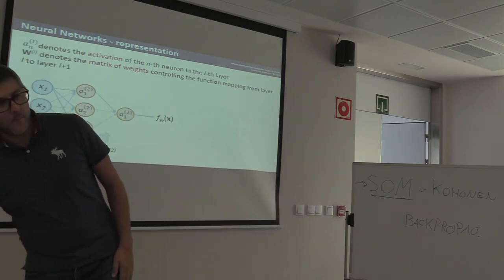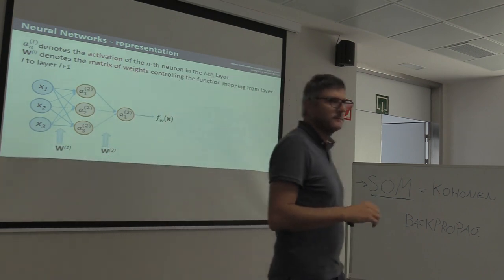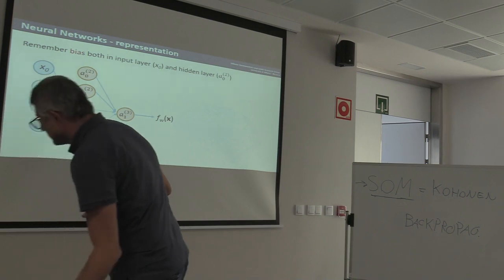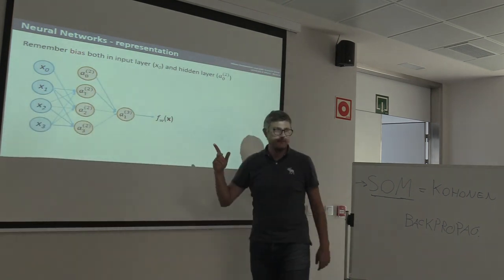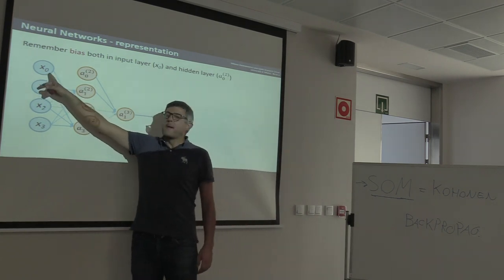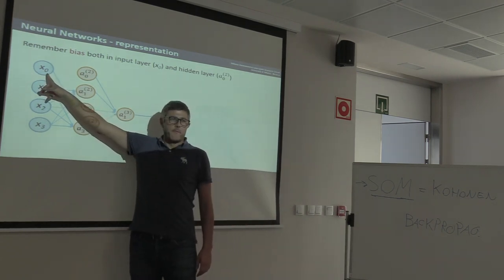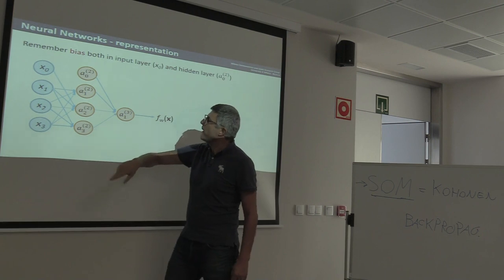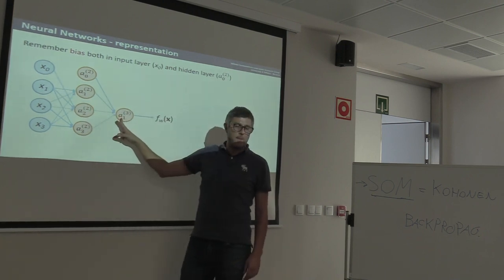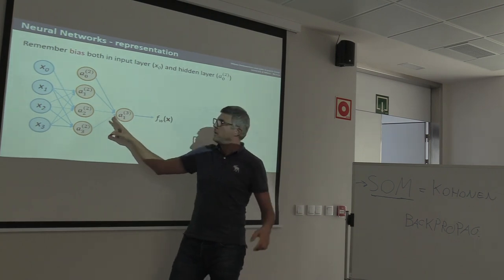But, sorry, David, but the bias has a weight. Good question. Okay? So, you also have bias. And so you also have to consider bias when you have this linear combination.